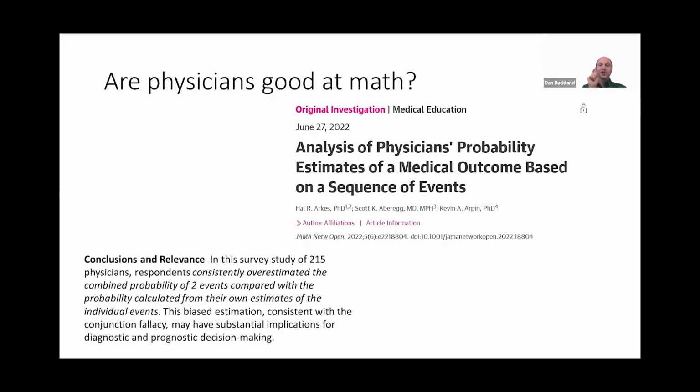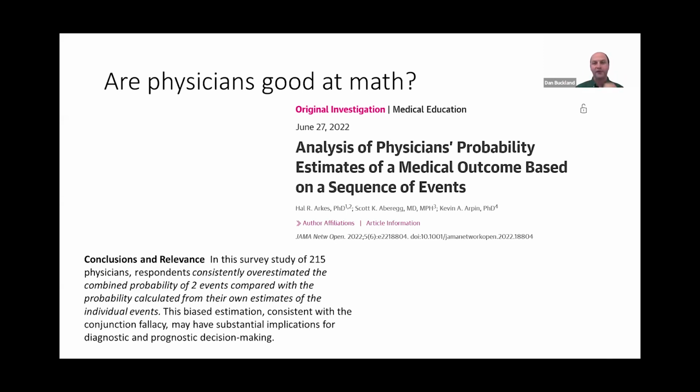And then this group actually took, you can see, 215 physicians, and this was outside of a clinical context, but they were giving them clinical problems. The problems were of this nature. They would say things like, anyone with a cough has a 10% chance of having something abnormal on their x-ray, right?